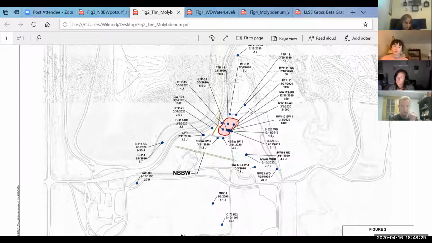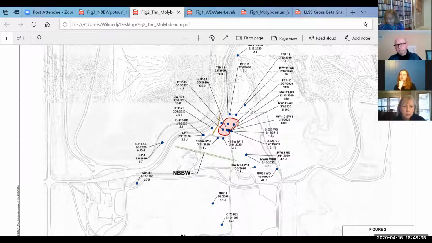Uranium concentrations, I believe, are typical, naturally occurring. I think that's addressed in the radiological or radionuclide EPA fact sheet that was also attached to the figures and handouts that were distributed.